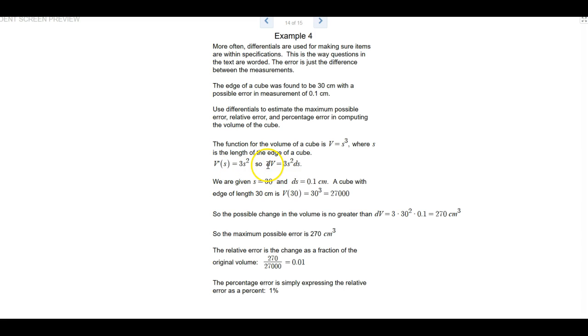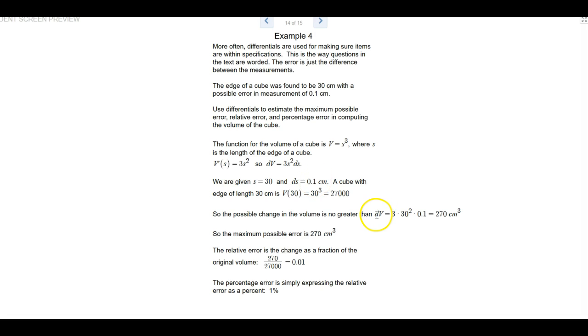So remember the formula for our differential dv is the derivative of v times my differential for my input value, so times ds. So we were given that the edge was 30, so s is 30, and ds is the change in that input value, so that's 0.1 centimeter.